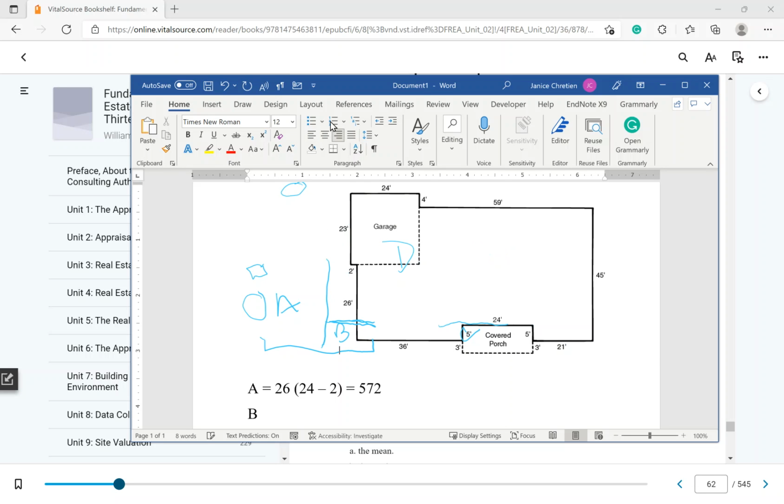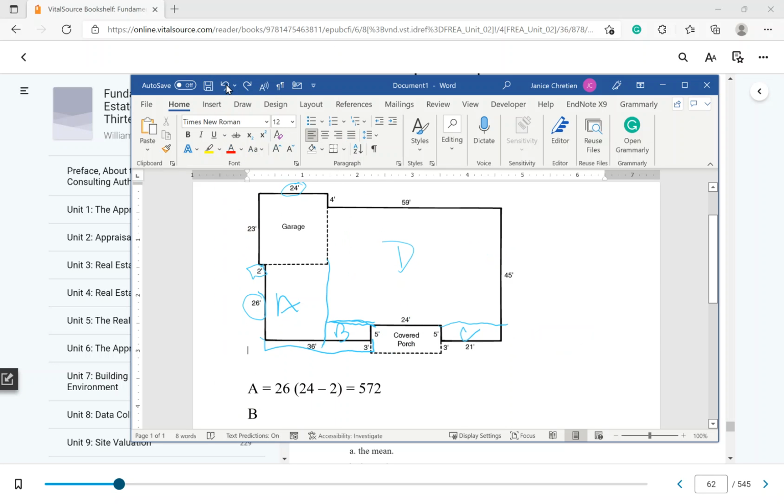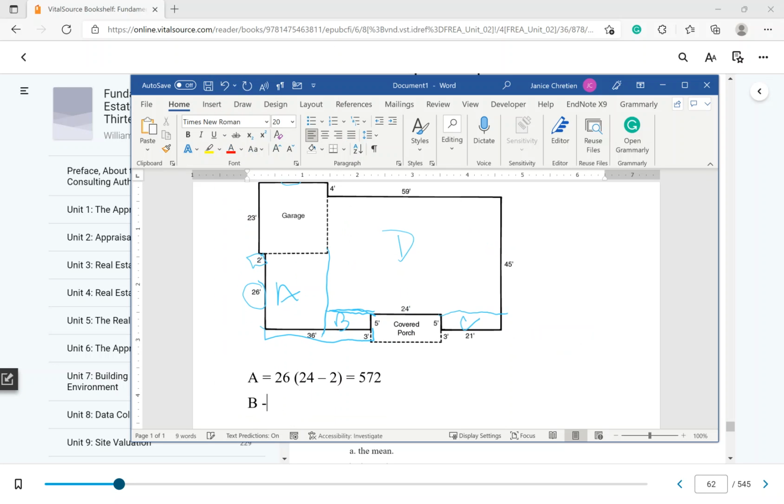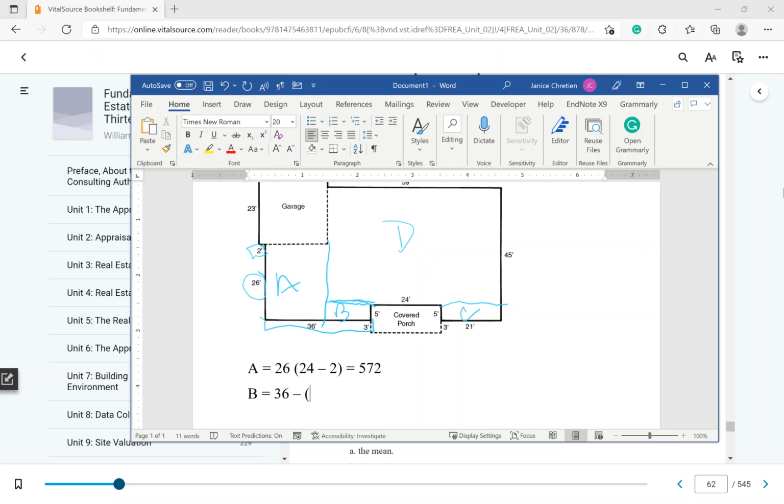So B is going to be 36 feet minus 24 minus 2. Again, remember, we've got to take that little 2 feet off. 24 minus 2.